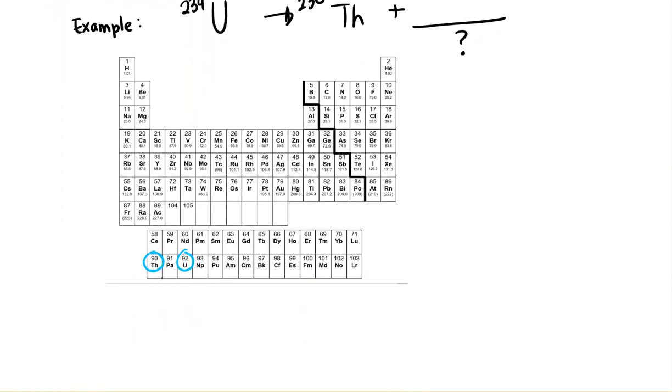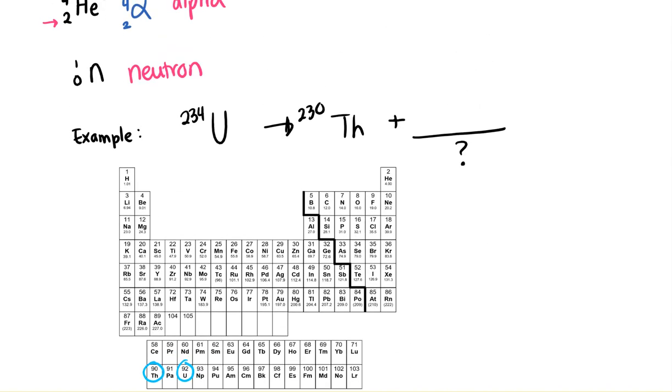They're down here on the periodic table. Uranium is 92 and thorium is 90. Those are the atomic numbers. They go down here. Okay, so we have all our numbers.